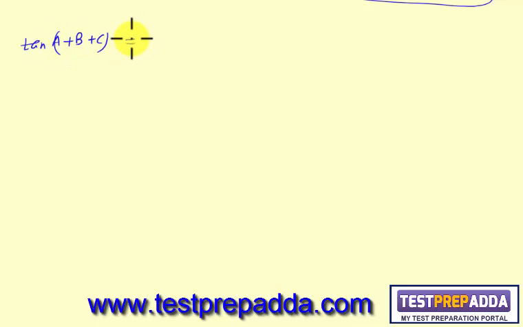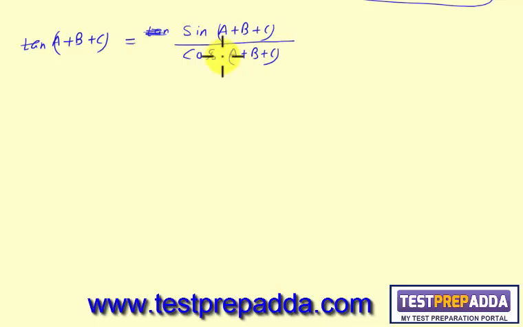Tan A plus B plus C can be written as sin A plus B plus C upon cos A plus B plus C.